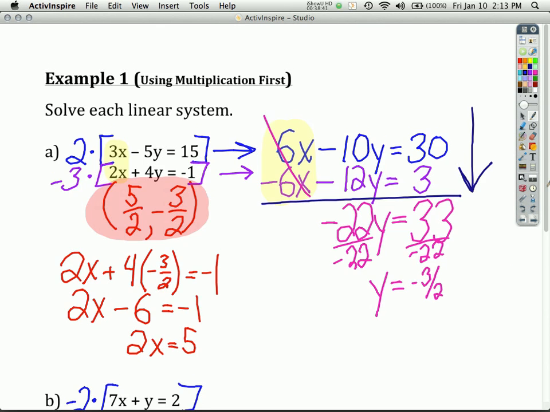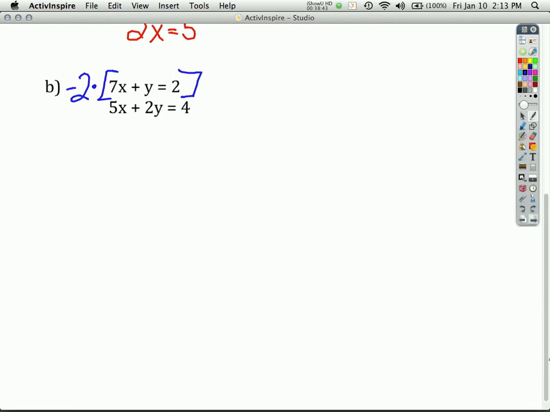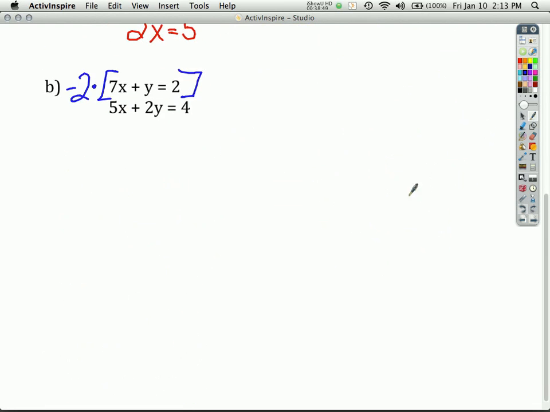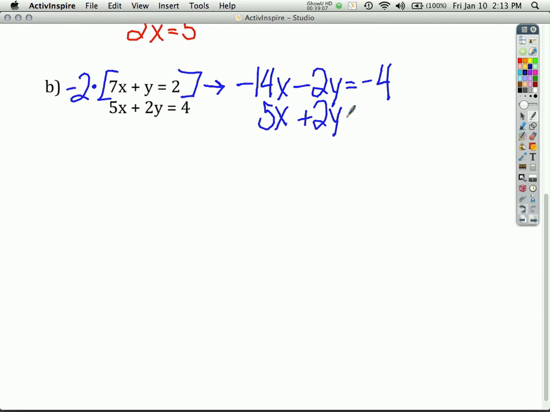And so, if we just multiply the first equation, we will get negative 14x minus 2y equals negative 4. The second equation is going to stay the same. 5x plus 2y equals positive 4.